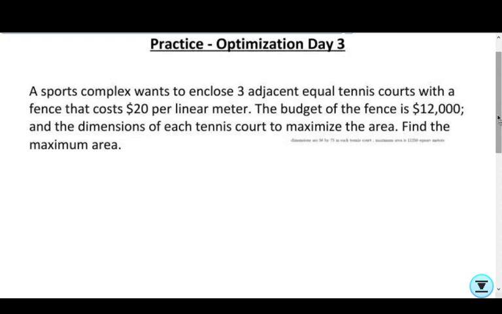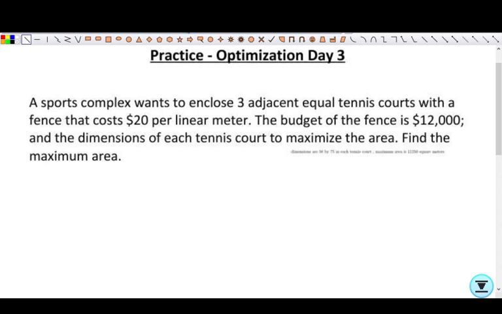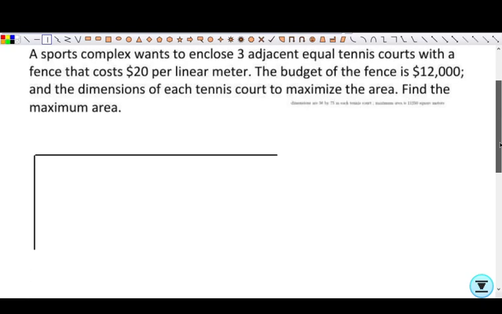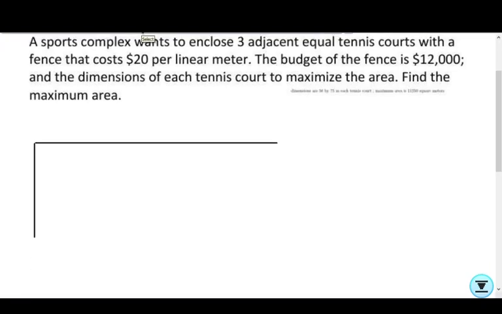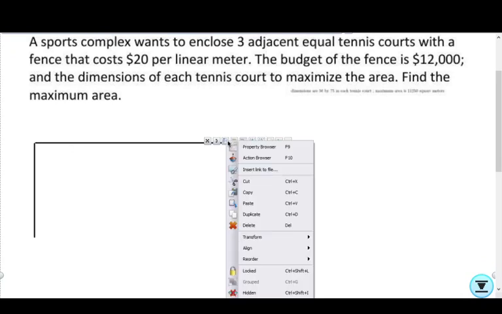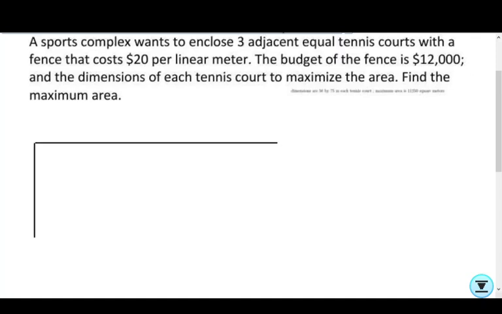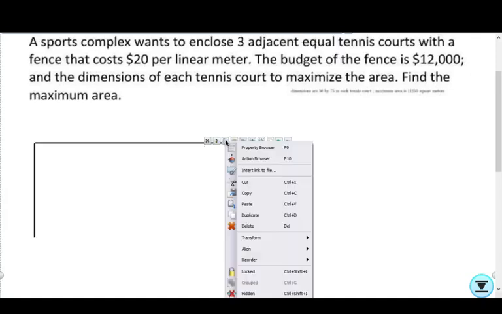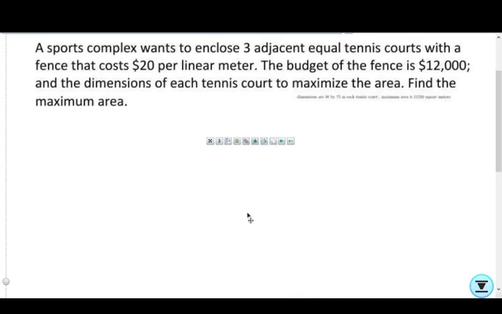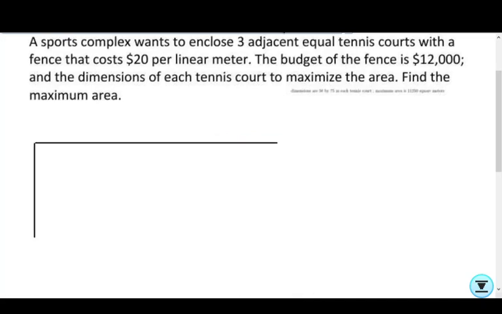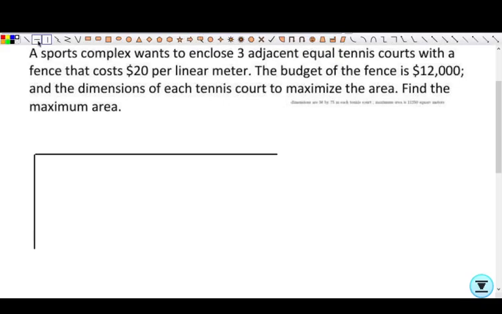Okay, so let's draw a picture so that we kind of see what we're dealing with. It's not cooperating, so I guess it's going to want me to do each one by itself.